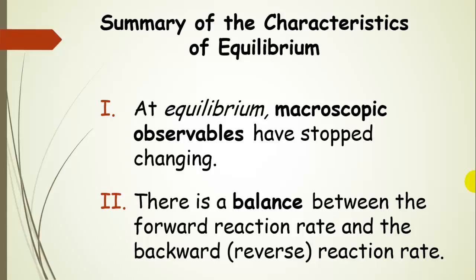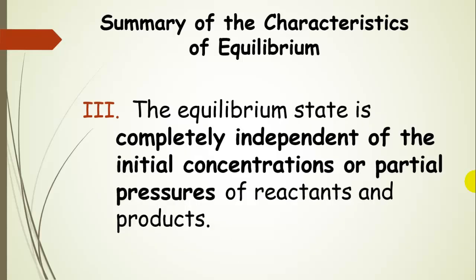They're balanced. The equilibrium state is completely independent of the initial concentrations or partial pressures of reactants and products. So remember, that means we can start with all reactants or all products, and we're always going to end up at the same equilibrium state under a given set of experimental conditions.